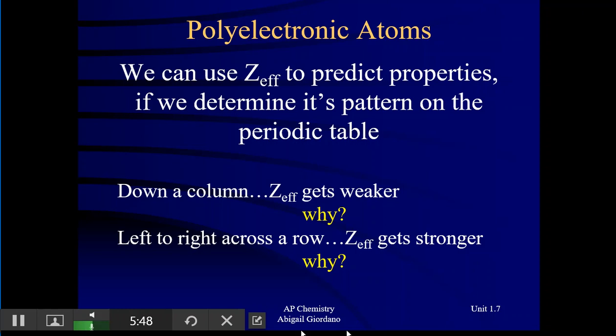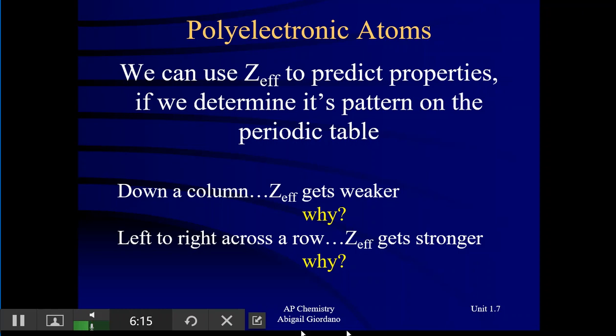Now let me just say one thing. When you come back to the vertical direction, as you go from lithium to sodium to potassium, you might say, well, wait a minute, Miss G, when you're going from top to bottom, you're gaining additional protons in the nucleus as well, and you're right. However, the distance is a bigger deal, okay?